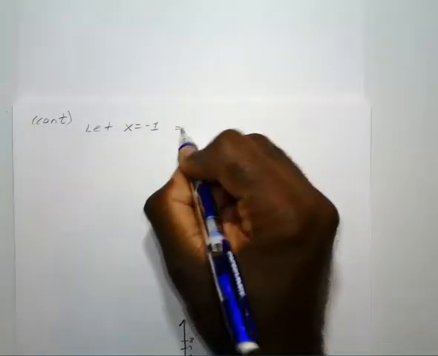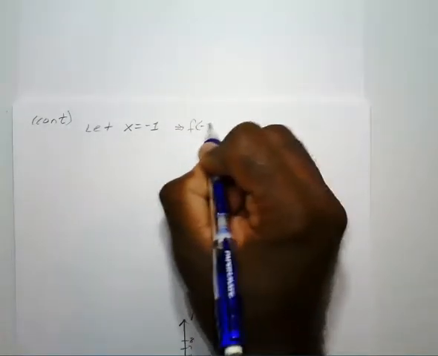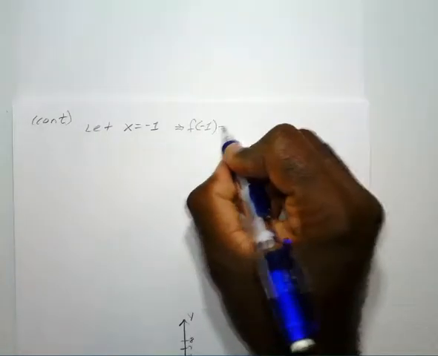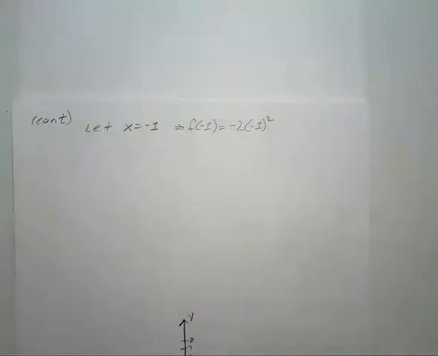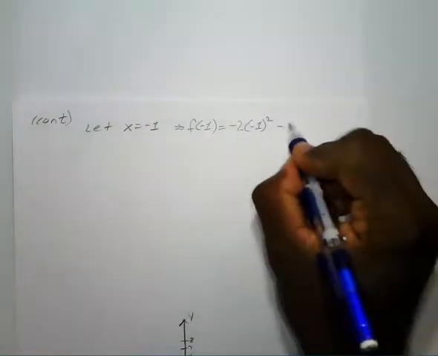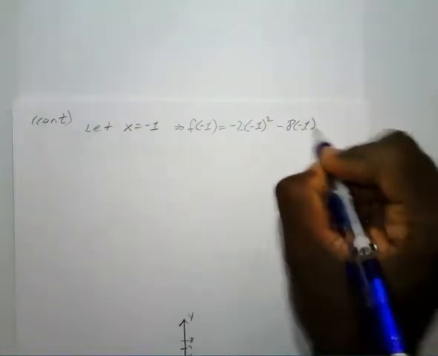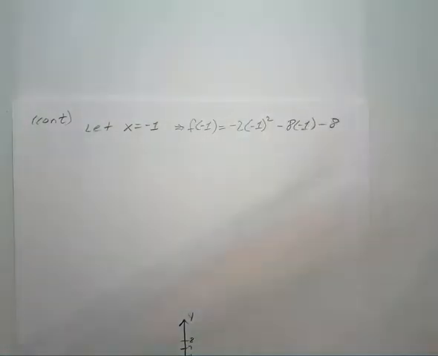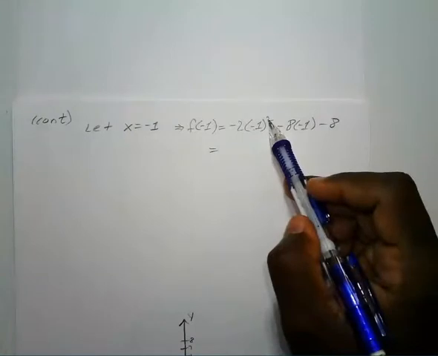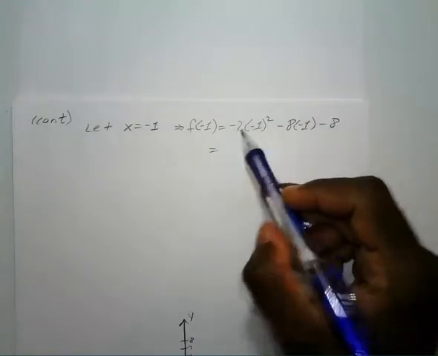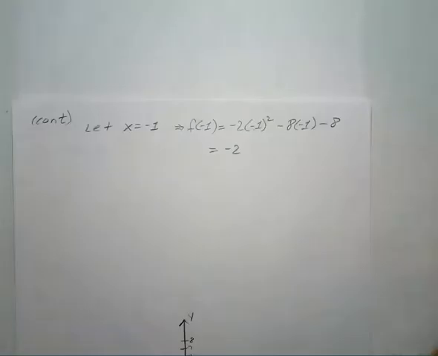So that means that f of negative 1 is equal to negative 2 times negative 1 squared minus 8 times negative 1 minus 8. So that's going to equal negative 1 squared is positive 1. 1 times negative 2 is negative 2.